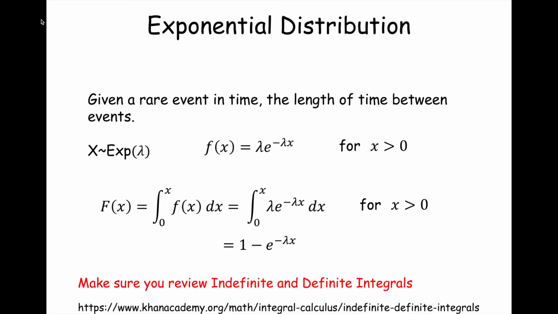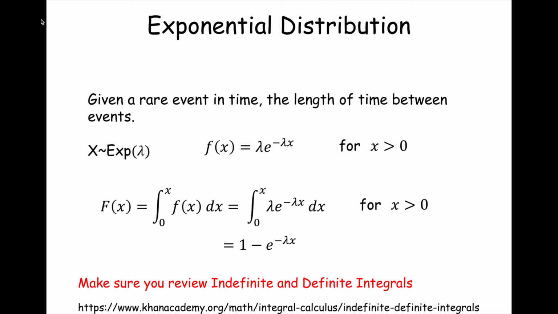Okay, I subtract from that this value evaluated where I substitute x with 0. So that's minus e to the minus lambda times 0. Well, e to the 0 exponent is just 1. So that would be minus 1. I have a leading minus sign here, so that would make this a positive 1.